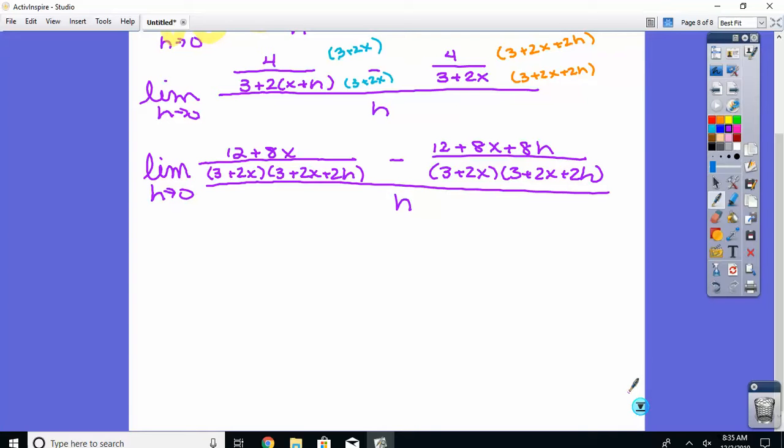The denominators are the same, so we can combine those into one big one. Make sure though, when you do that, you need to distribute this negative. So then the 12s would drop out, the 8x's would drop out. And we have a negative 8h over this denominator.